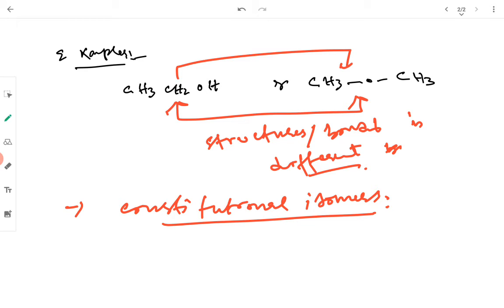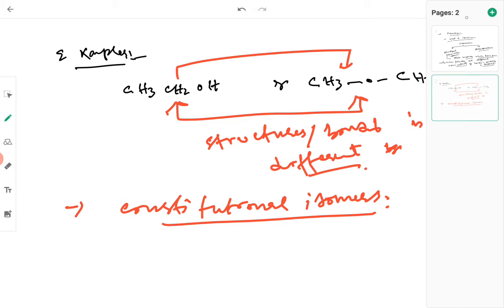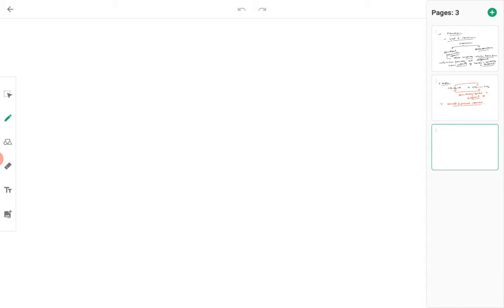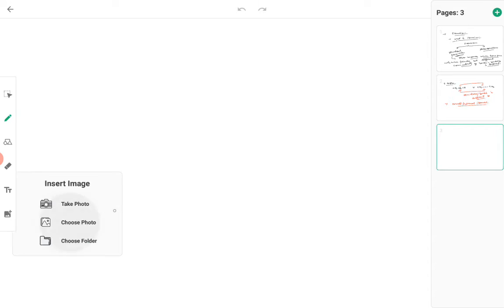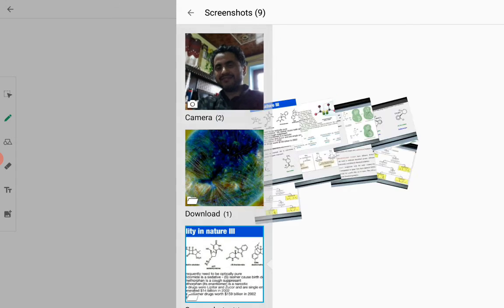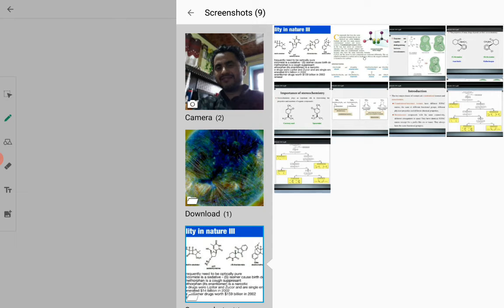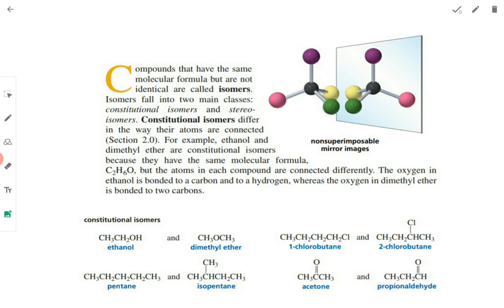They are differently constituted. Other examples I will tell you. You can see ethanol, as I already mentioned, and dimethyl ether. They are constitutional isomers. They are structural isomers.